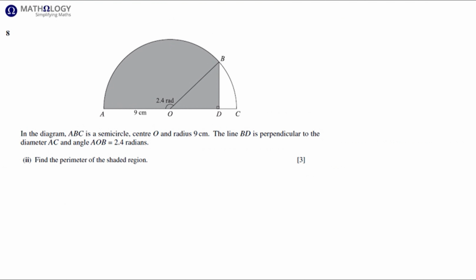The second part of the question requires us to find the perimeter of the shaded region. So the perimeter of the shaded region will be AO plus OD plus BD plus arc length AB.